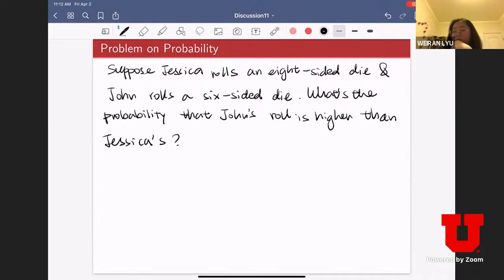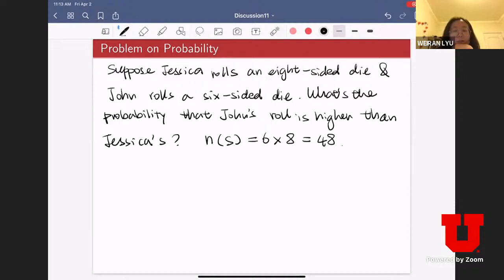So I guess for this question, you can think of them as distinct, since they are rolled by different people, and one of them is an 8-sided die and the other one is a 6-sided die. So the total number of outcomes would just be 6 times 8. So now we have a total of 48 possibilities.